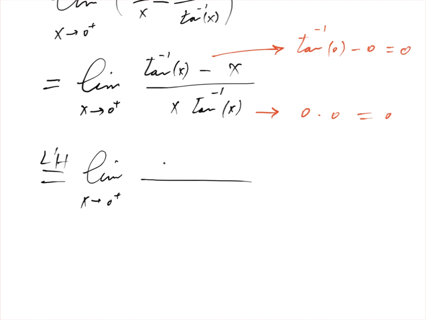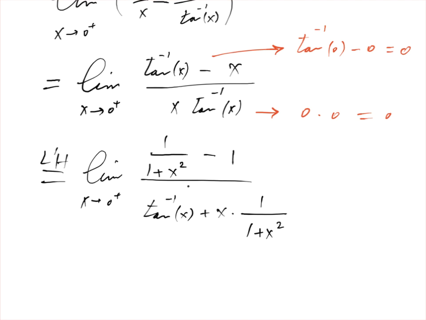So here's the limit of the derivative of the numerator over the derivative of the denominator. The derivative of arctangent of x is 1 over 1 plus x squared, minus the derivative of x, which is 1. In the denominator, this is a product rule: the derivative of x is 1 times arctangent of x, plus x times the derivative of arctangent of x, which is 1 over 1 plus x squared.